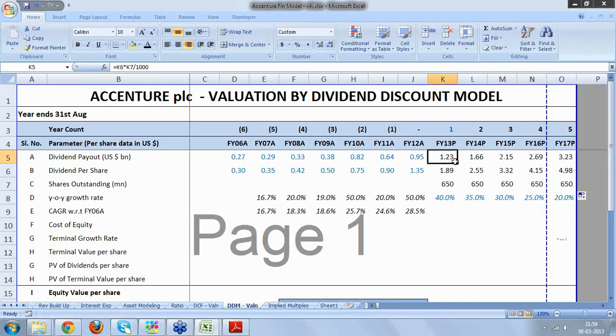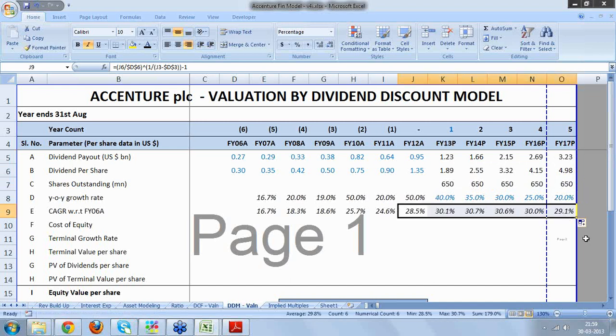So this is what I model, and you'll end up getting a dividend payout. Now I will extend the same formula to see that my assumptions are not very much away. 25%, 24, 28, it has gone to 30, 30, 30, 30, and has got moderated. So my assumptions are not very much away from what has happened in the past. On a CAGR basis, it's still taking a very normal route.